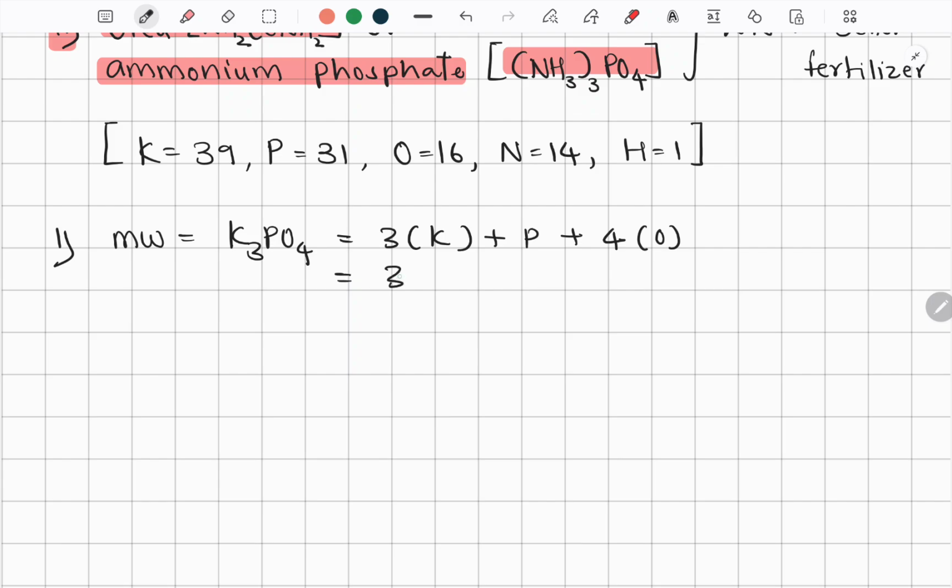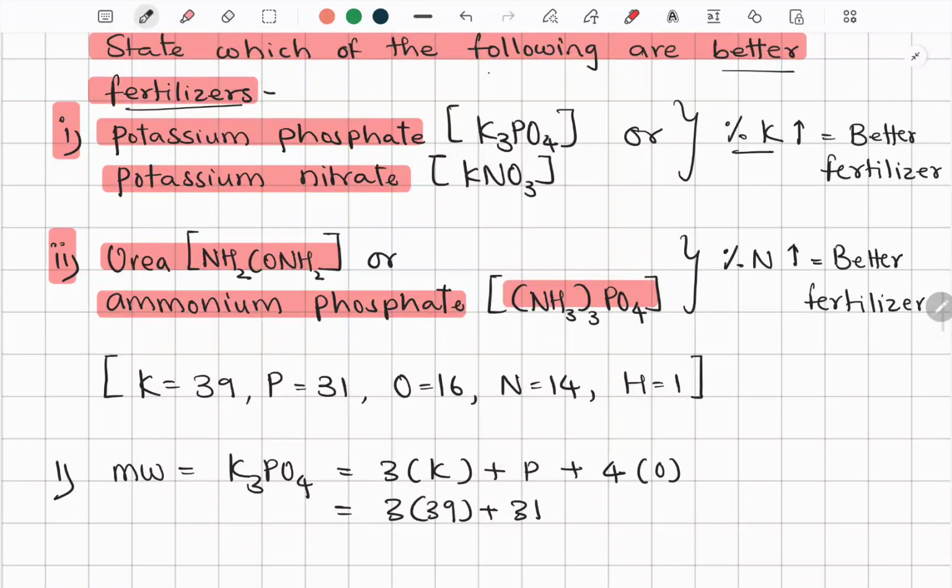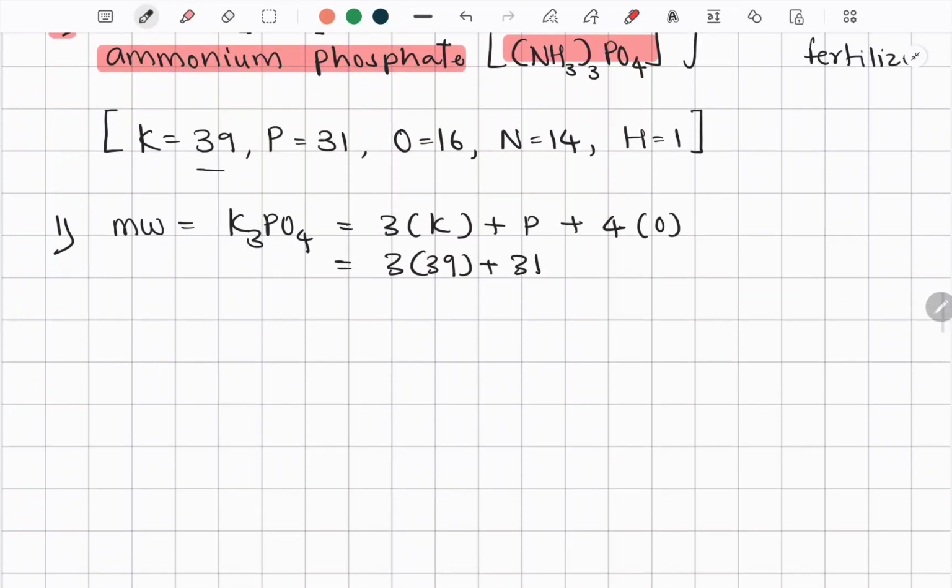The values are already given in the question: potassium is 39, phosphorus 31, oxygen 16, nitrogen 14, and hydrogen 1. So 3 into 39 plus 31 plus 4 into 16 gives 117 plus 31 plus 64, and the total molecular weight of potassium phosphate is 212 gram.